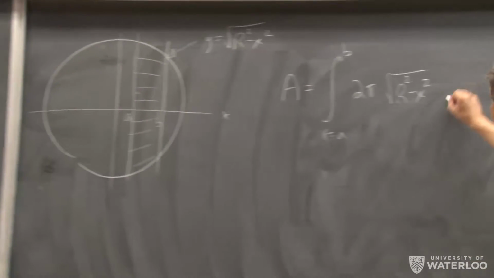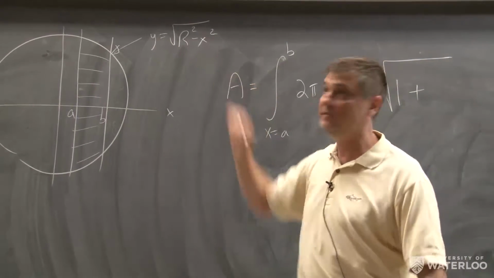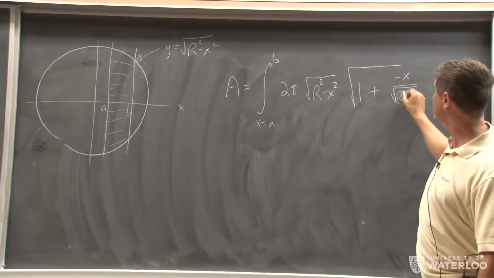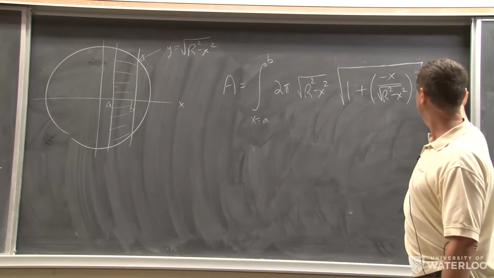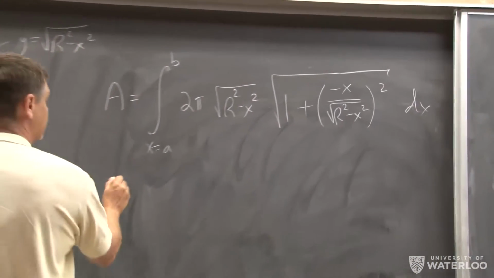In this particular case, it's the square root of 1 plus, and then you take the derivative of that, which would be negative x over the square root r squared minus x squared, all squared dx. Okay, this we can simplify.